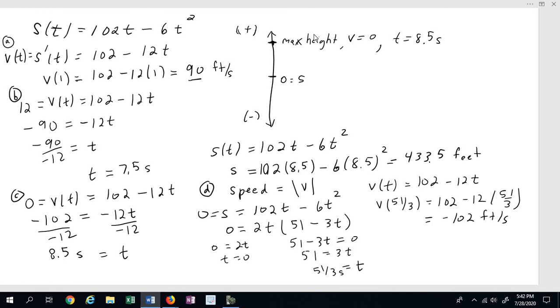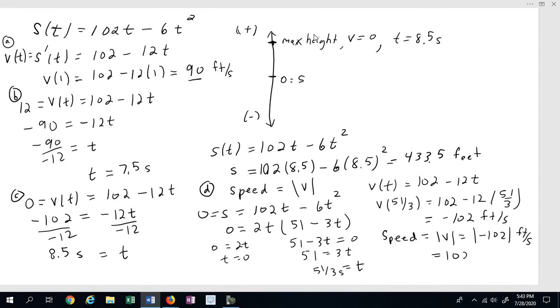Now again, the negative indicates that it's traveling in the negative direction on this number line, in other words, downward. And then the speed would be the absolute value of the velocity, again in feet per second.